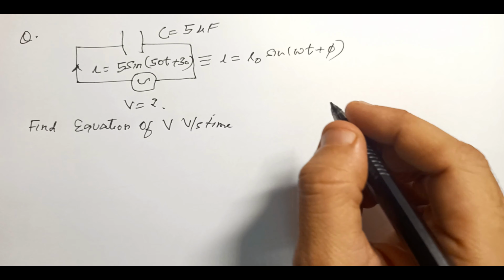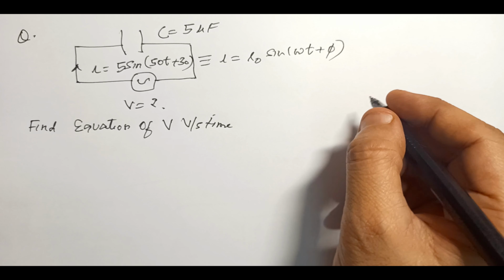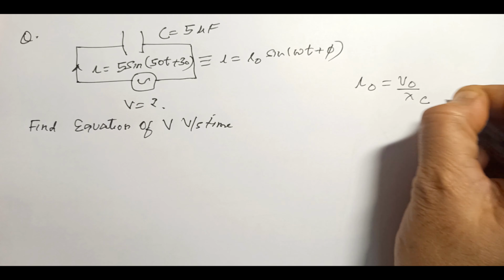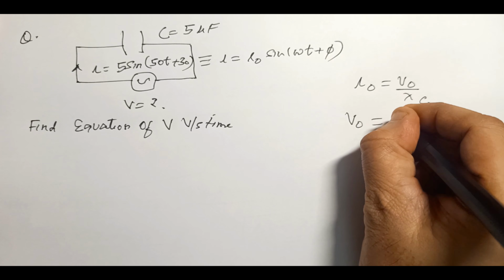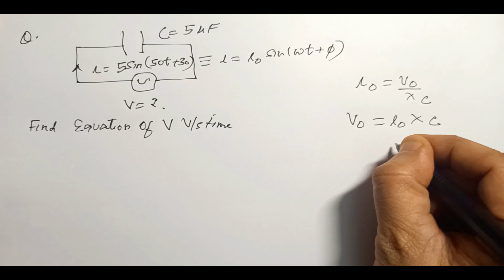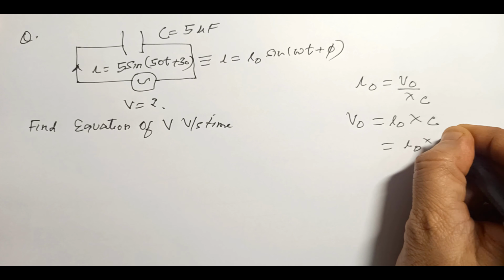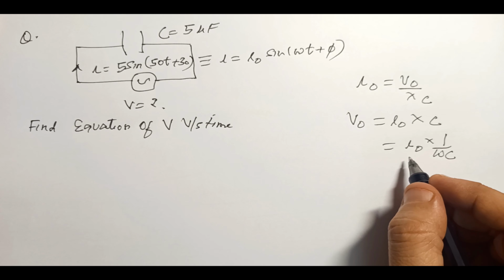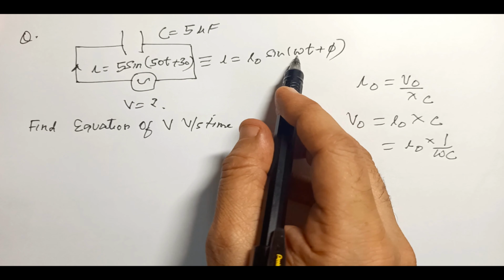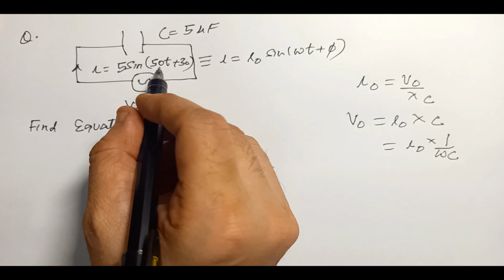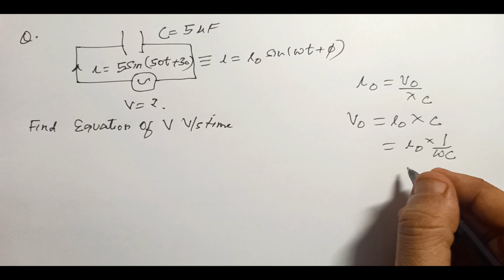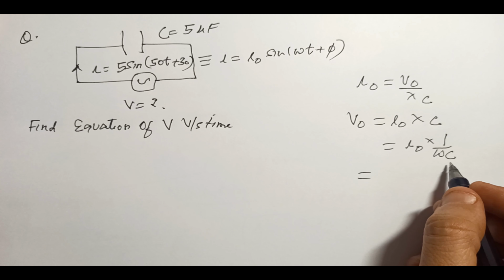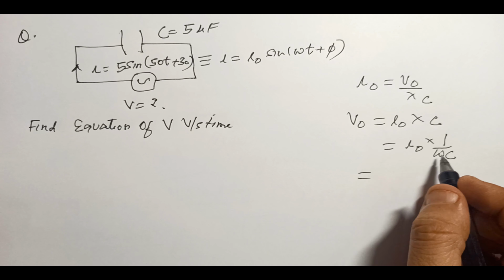First of all, here we have to remember that I naught is equal to V naught by XC, and V naught is equal to I naught XC, or I naught into 1 by omega C. Now we need to know what omega is. If I check from here, I can see omega is nothing but 50, correct? So we have to find V naught, and then capacitor is already given.